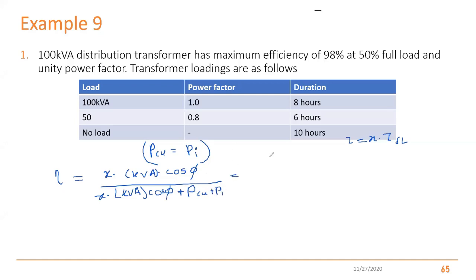Since both losses are equal at maximum efficiency, x is half. Half of the kVA, which is 100, at unity power factor, cos phi is 1. So half of 100 kVA, plus twice the iron loss. This should be equal to 98%.